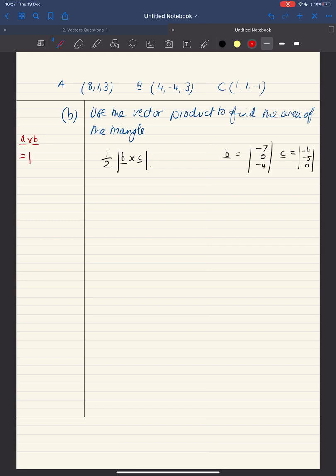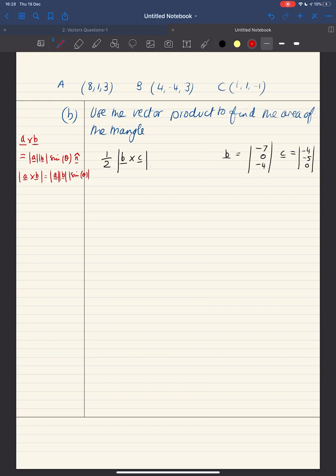A cross B is the size of A, size of B, sine of the angle between them, times a normal to the plane containing A and B. So the modulus of A cross B is the modulus of A, modulus of B, modulus of sine theta, because n hat is a unit vector.